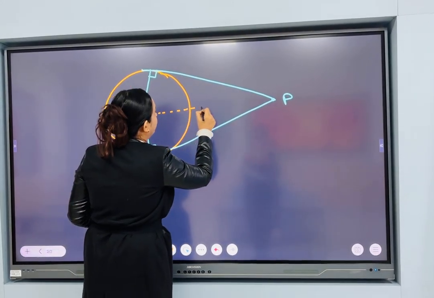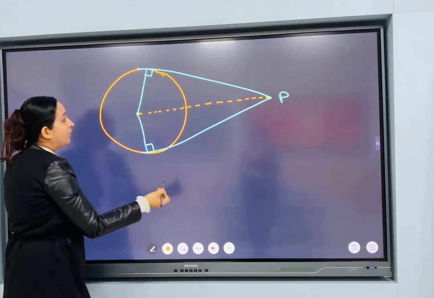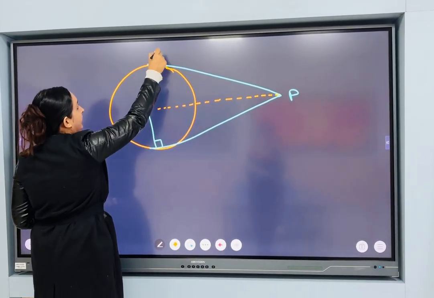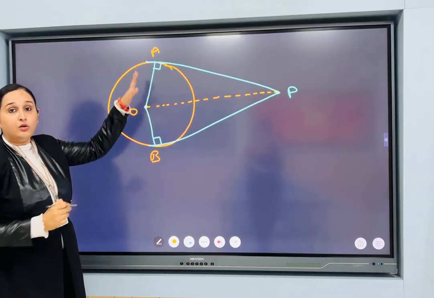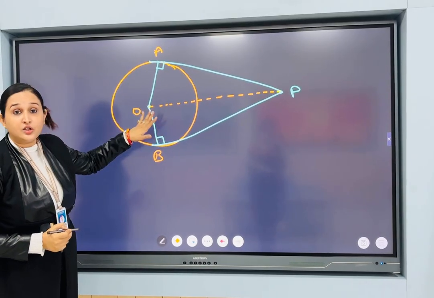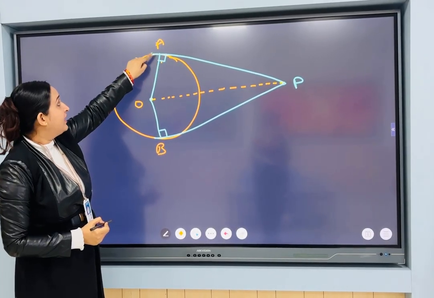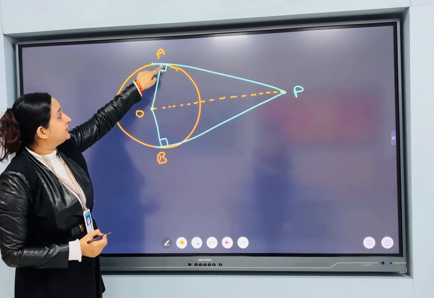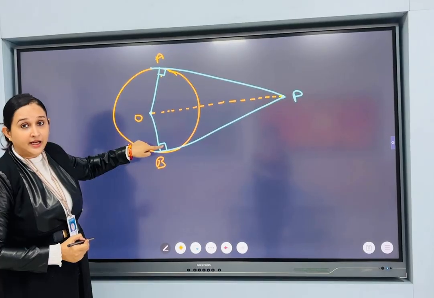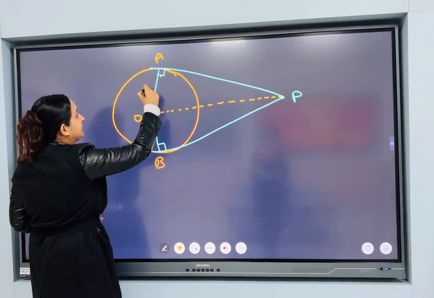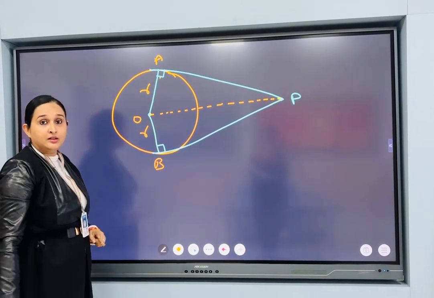Now, how to prove this? See over here, O, A, B. In this triangle, just now we have studied that the tangent makes an angle of 90 degrees with the radius, right? So this angle and this angle will be 90 degrees. This is the radius of the circle, right?